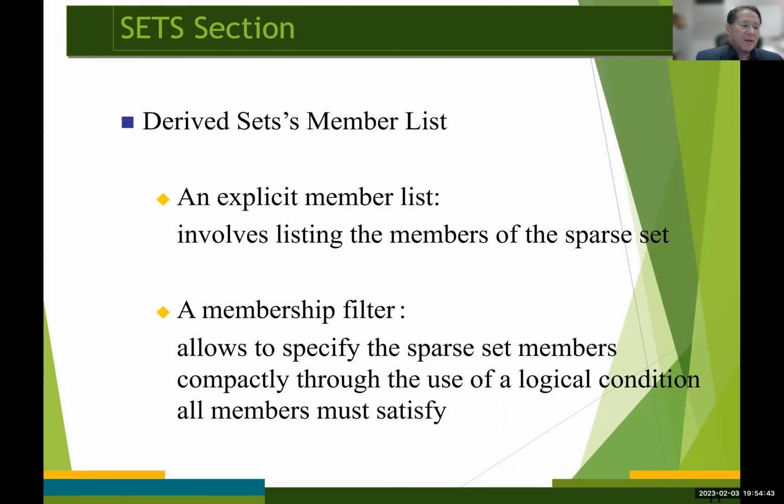One is the explicit member list method, and the other one is the membership filter method. The explicit listing method involves listing the members of the sparse set, whereas the membership filter method allows you to specify the sparse set members compactly through the use of a logical condition that members must satisfy. Okay.